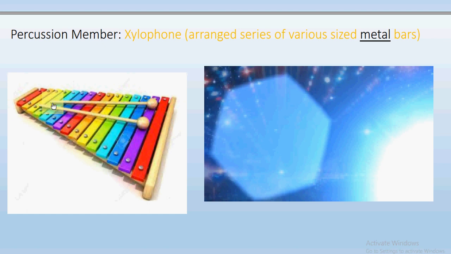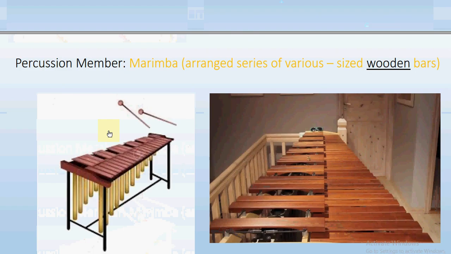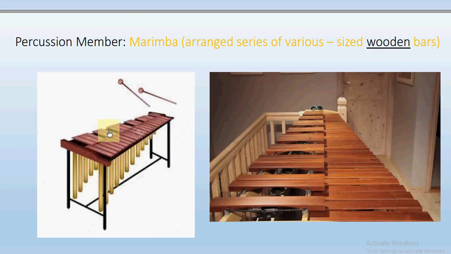So I think from C to C, and I think the black keys should also be among it. I have not played it though. But this is a xylophone. You can use it to play melodies. All right, and we have the marimba.